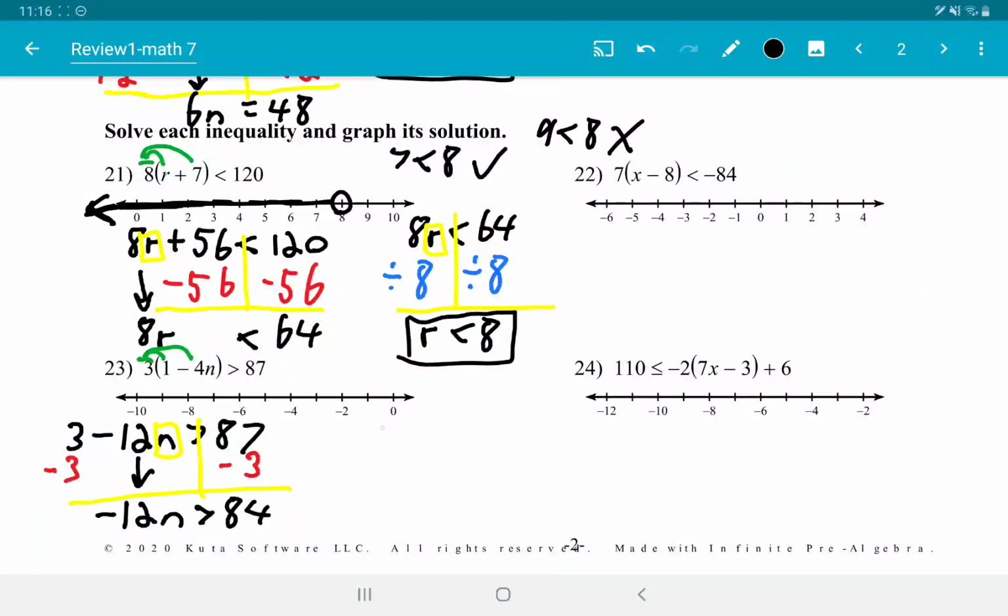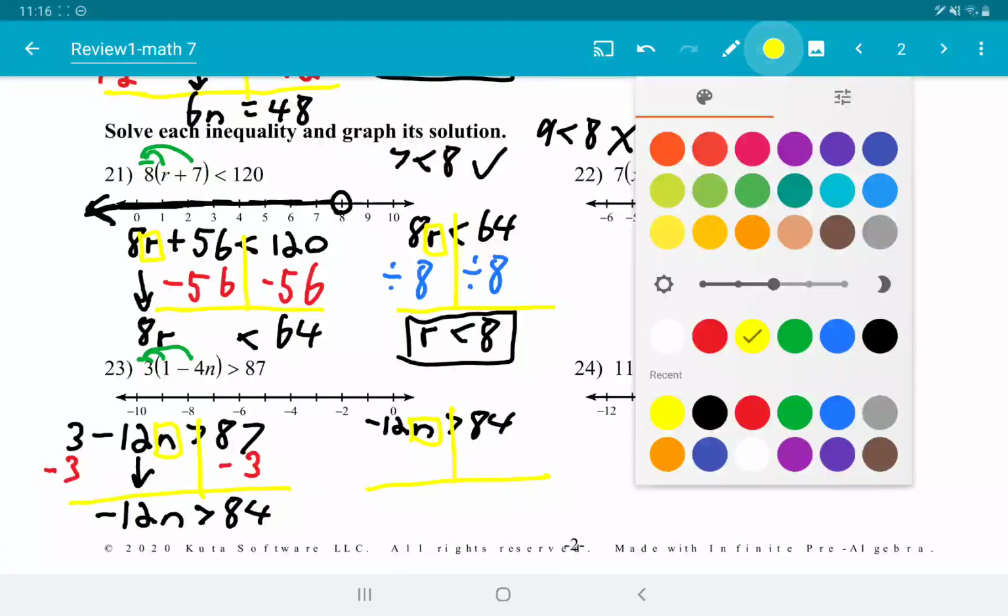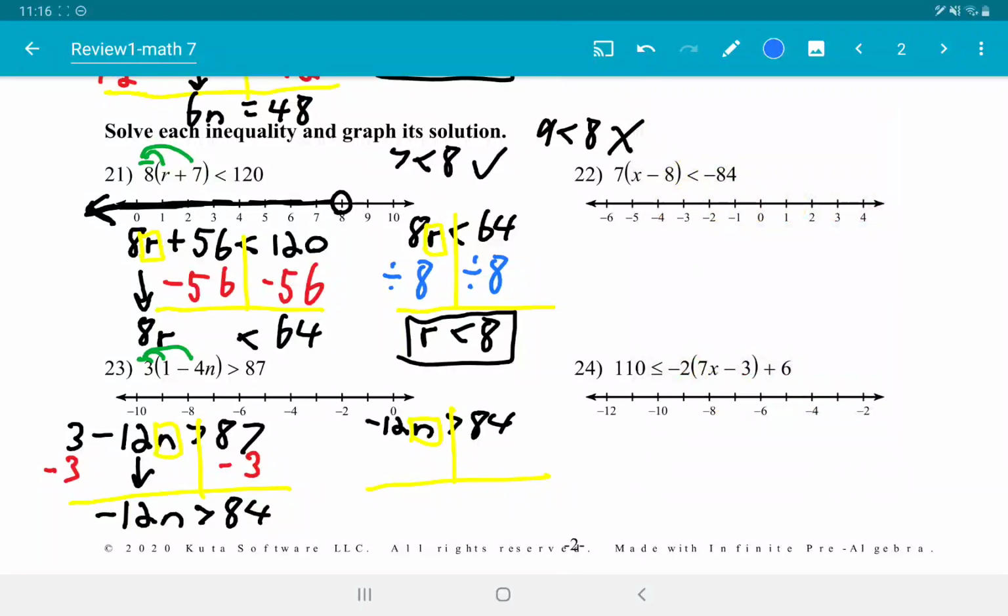Let's try this back up top. Isolate, build the wall. And same thing, since I'm multiplying that negative 12, I need to divide by negative 12. So I get n, and this is where it's important.